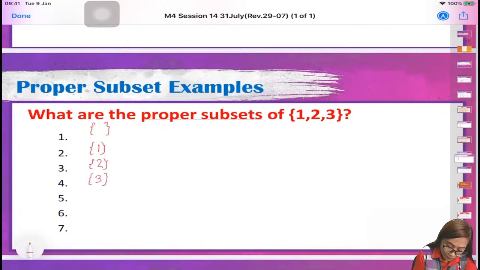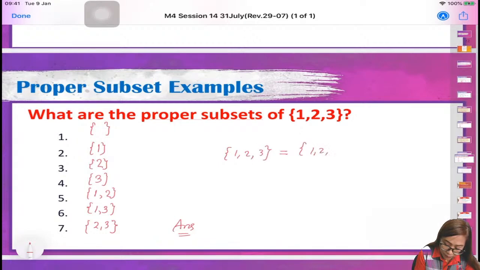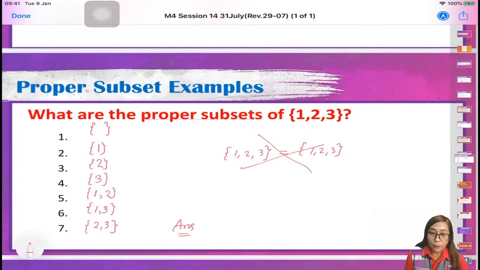Next we have two elements: {1, 2}, {1, 3}, {2, 3}, and put them inside the braces. Finish. We will not include the set itself again, because the set {1, 2, 3} is equal to this, which is not included in the set of proper subsets. Only 7.